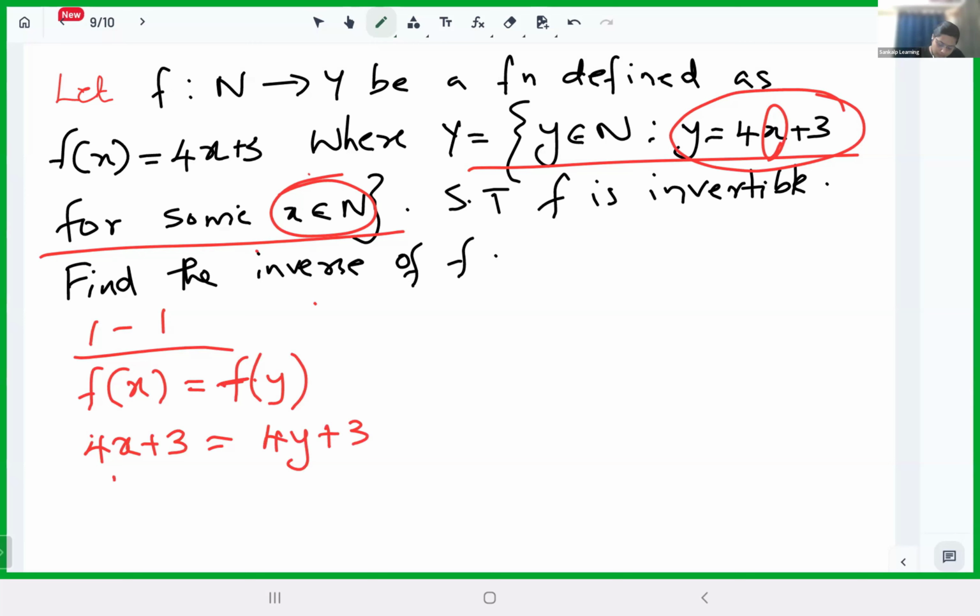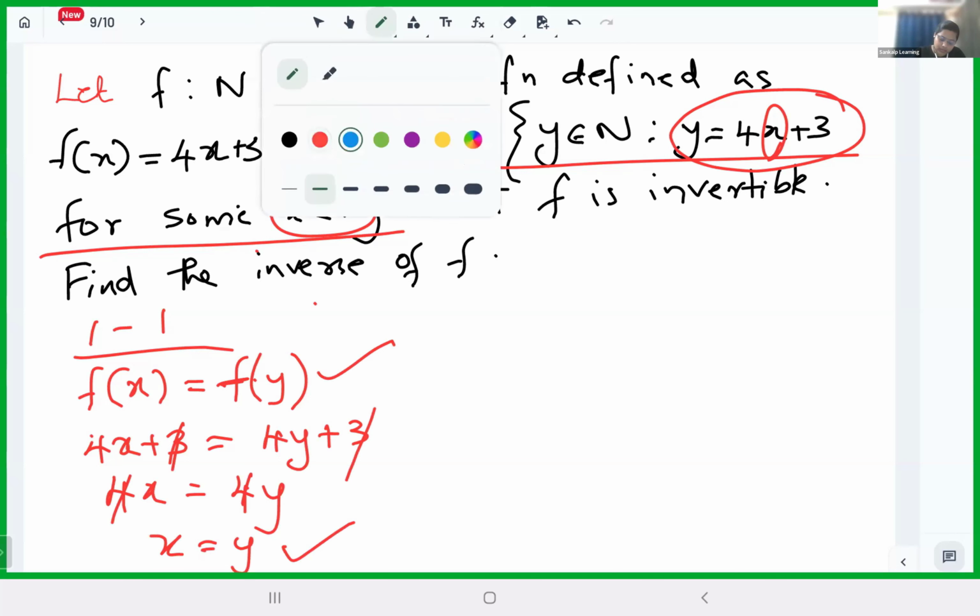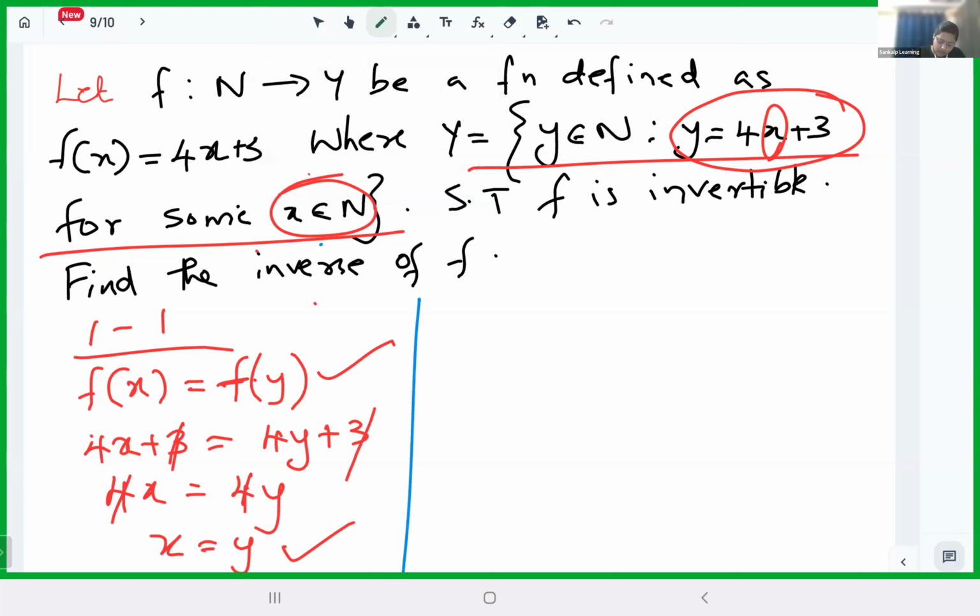So this means 4x equal to 4y. 3 gets cancelled, and here 4 gets cancelled. So x is equal to y. We started from f of x equal to f of y and we obtained x equal to y. From this, you can conclude that f is a 1-1 function. Okay, now we are going to check the onto part.